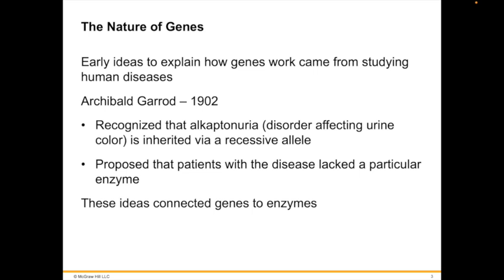Garrod investigated the disorder alkaptonuria. So again, that's alkaptonuria. In detail, patients with alkaptonuria produce urine containing homogentisic acid, or alkapton, which is rapidly oxidized in air, turning the urine black. In normal individuals, homogentisic acid is broken down into simpler substances.